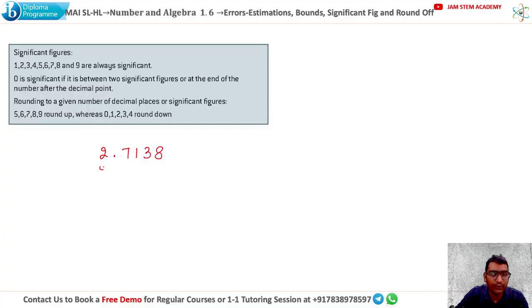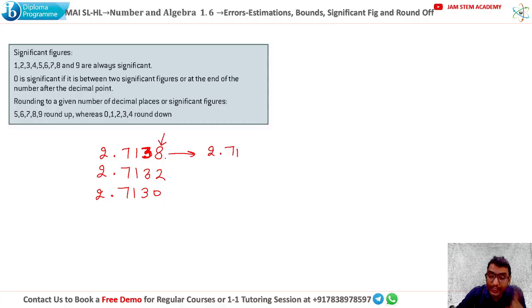2.7138 or if you have 2.7132 or if you have 2.7130. Okay. So you want to round off this value to, let's say, three decimal places or four significant figures. In that way, you will write it as 2.71. Then this will be the value that you have to check whether we have to round up or not. So 3, check the next digit for that. It's 8, right? It is more than or equal to 5.